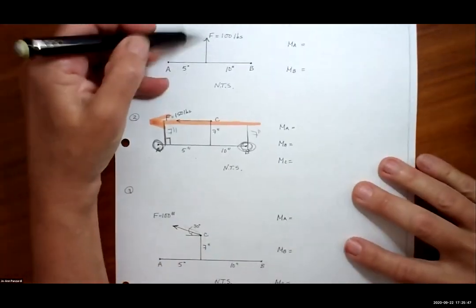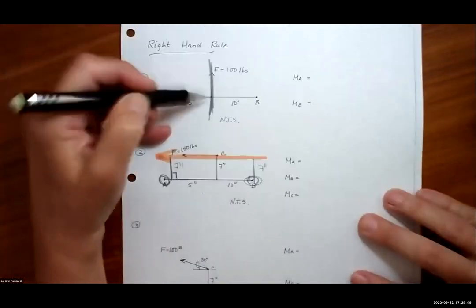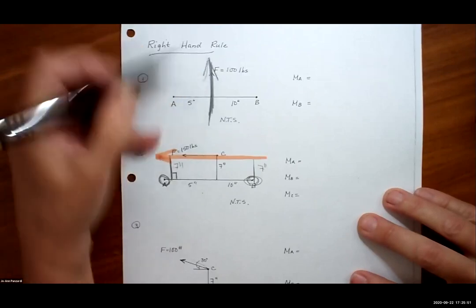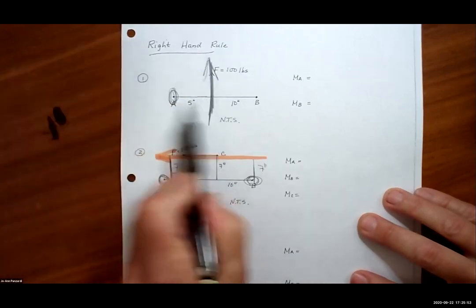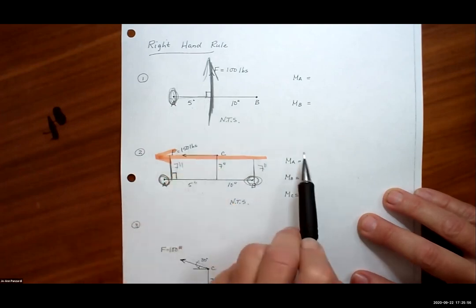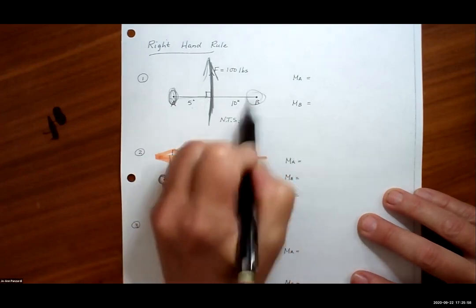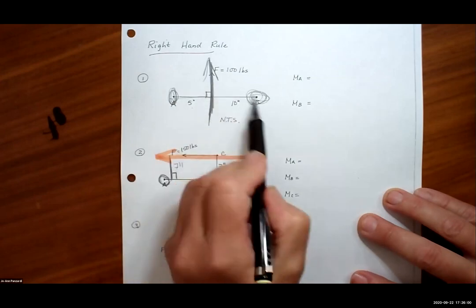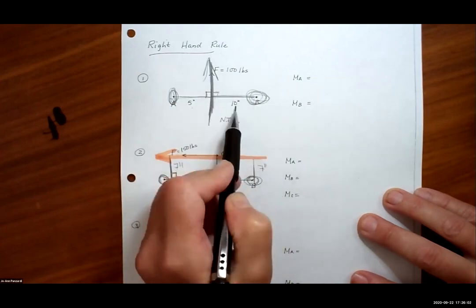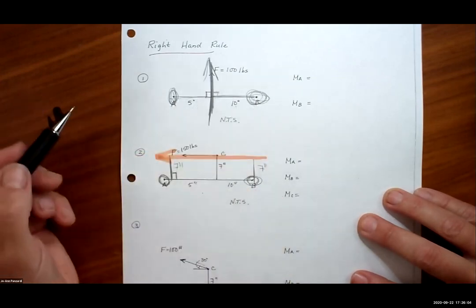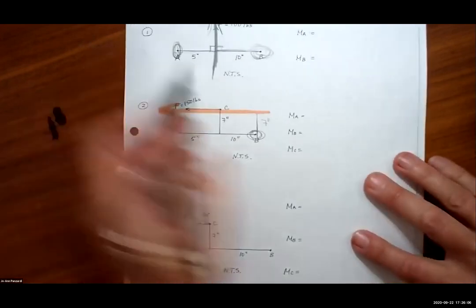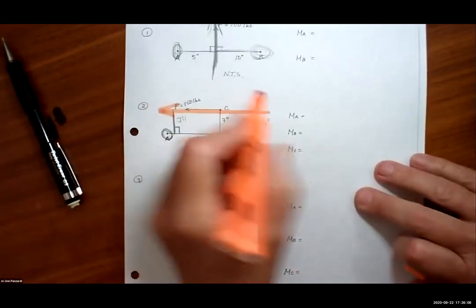Here's the force. Here's the point I'm trying to find the moment about. The perpendicular distance is 5. When I'm trying to find the moment about B, the perpendicular distance is 10 from the force to the point. So the first thing you do is figure out where is the force. Here's the force.